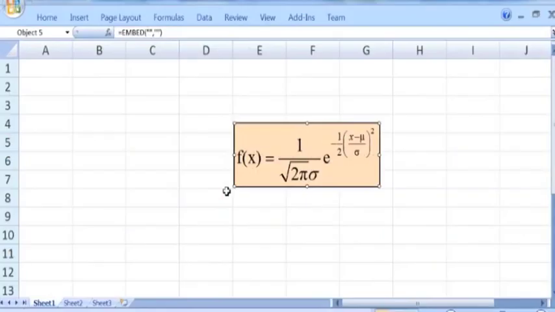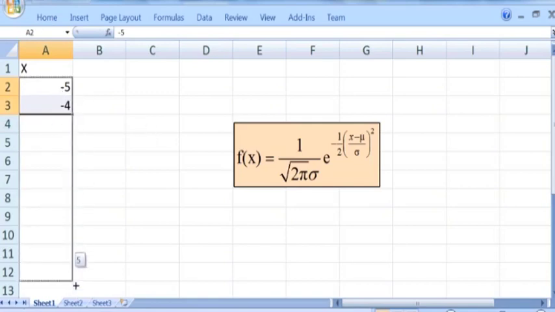So here is our Excel spreadsheet program. So here is the density function of x, where x follows normal distribution with mean mu and variance sigma square. So in the Excel spreadsheet program, construct a column, label this column as x, and here take any values, so -5, -4, and copy this range up to +5.